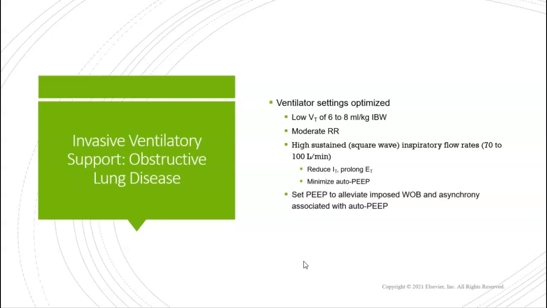Less of it is going to get trapped in the lungs, and less likelihood to cause that hyperinflation and intrinsic PEEP, minimizing that auto PEEP. But we do want to set our PEEP to help alleviate any work of breathing or any asynchrony with that auto PEEP. We will definitely dive deeper into how these things get set later on in the semester.